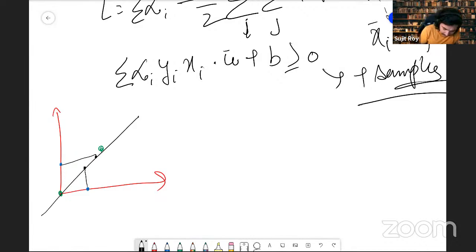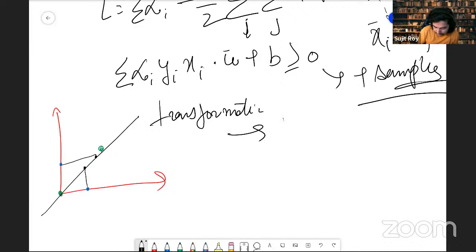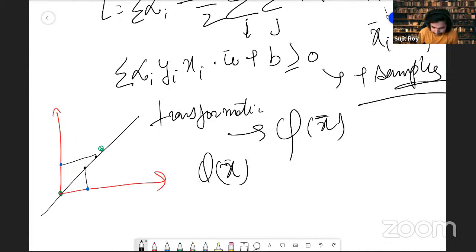So let's say that this whole separation and transformation is represented by a new function, phi of x. Now what you want to maximize is phi of x_i and phi of x_j. This is what you're trying to maximize.